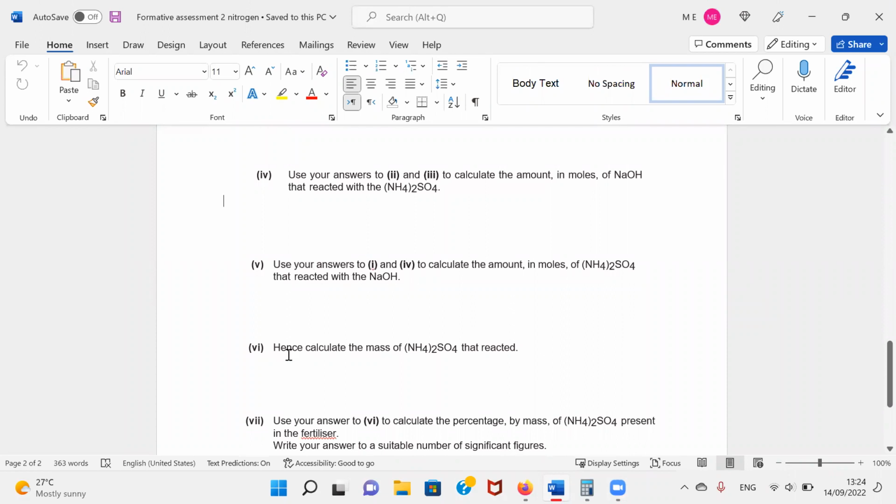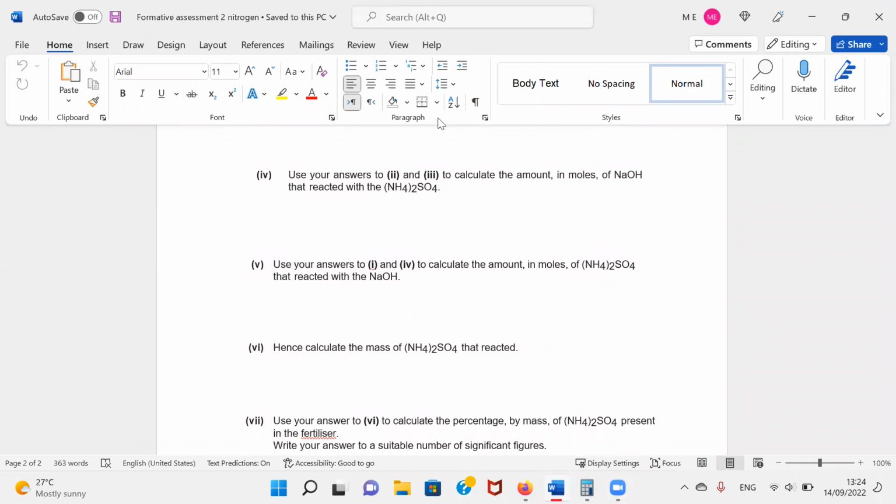Okay, we did this. Hence, calculate the mass of the ammonium sulfate. So to calculate this, basically we have the number of moles of the sodium hydroxide that had reacted with the ammonium sulfate.